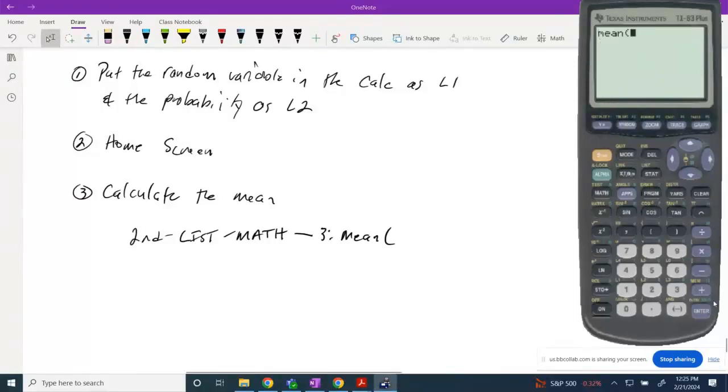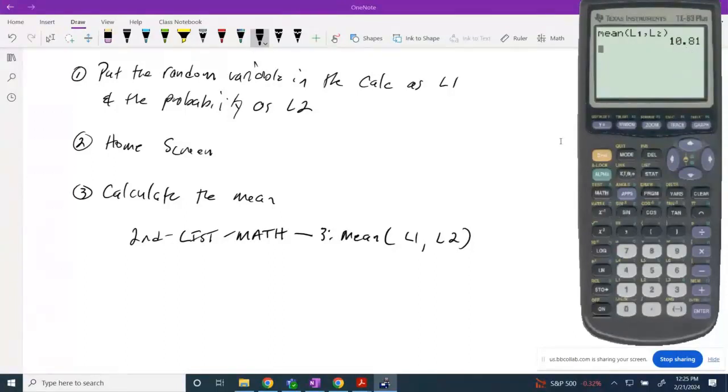I'm going to hit enter. Then you have to tell the calculator which list you want to calculate the mean from. So I'm going to put in list 1, comma, list 2. Once you hit enter, it gives us the mean, which is 10.81.